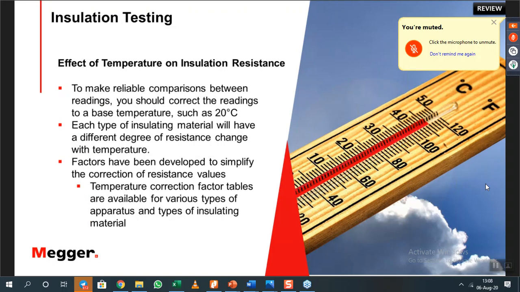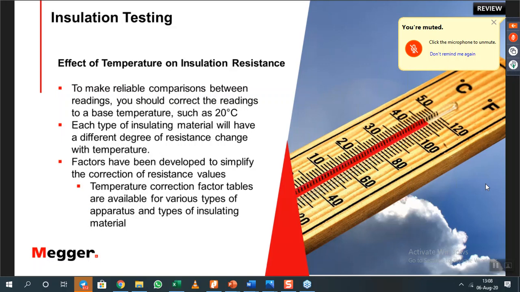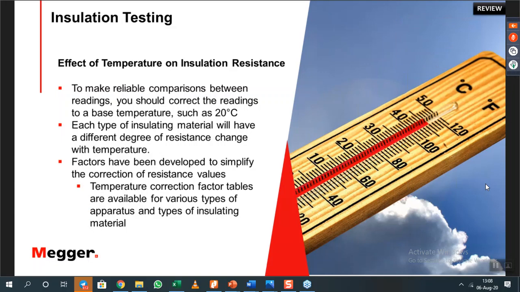To make reliable comparisons between readings, the best way for you to analyze the results of the insulation resistance is to do historical trending, meaning you compare test 1 to test 2, which happened at different times, of course, and then you plot the curve and see what is happening.